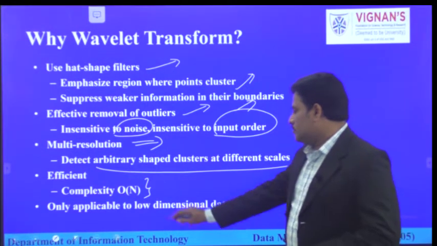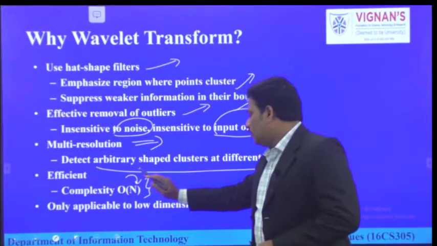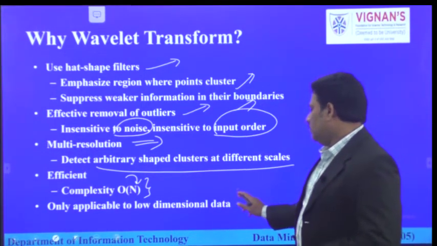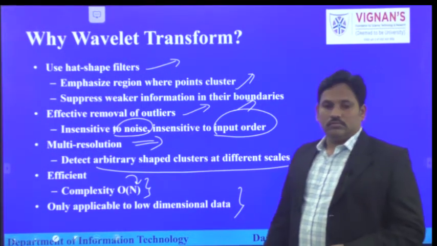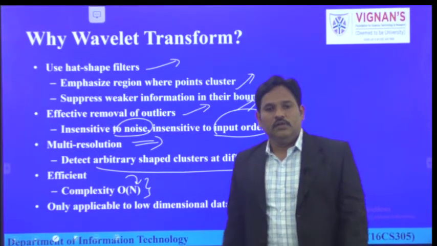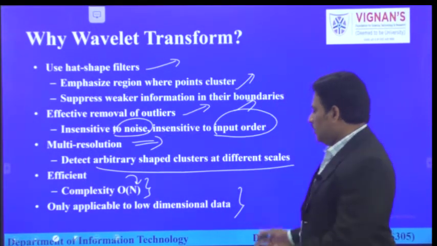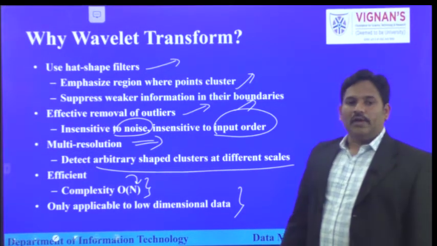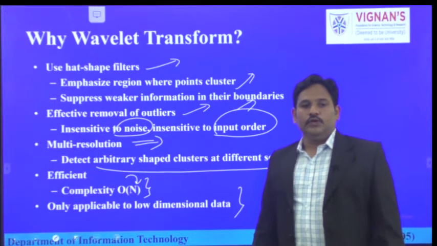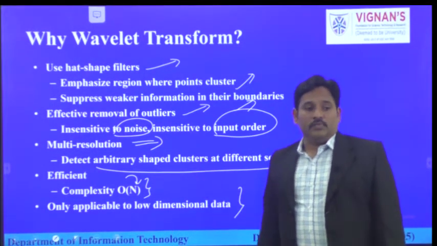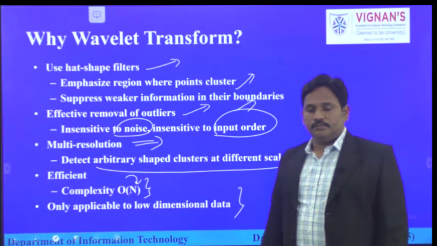That means the number of times the operation is iteratively applied on the data set. And one more limitation in this approach is that it is best applicable only to low dimensional data. When we have a huge number of dimensions in the data set, these approaches may not produce better results.